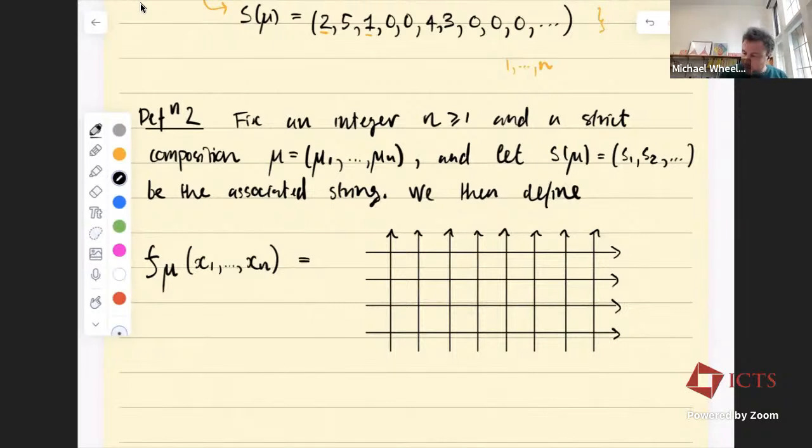So I need to assign some spectral parameters and boundary conditions to this thing. So let's do the spectral parameters first. So the x's are going to enter via the n horizontal rows of this lattice. So x1, x2, up to xn. And then there's going to be, as I said, a secondary alphabet of y's, y1, y2, and so on.